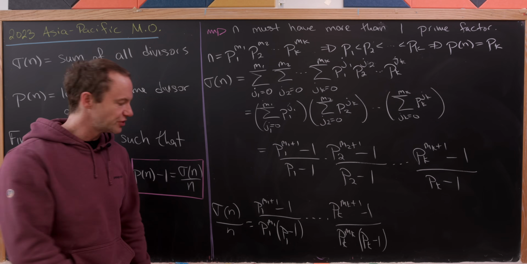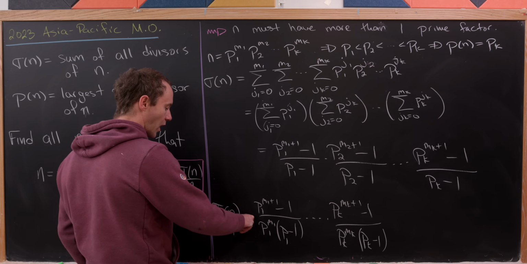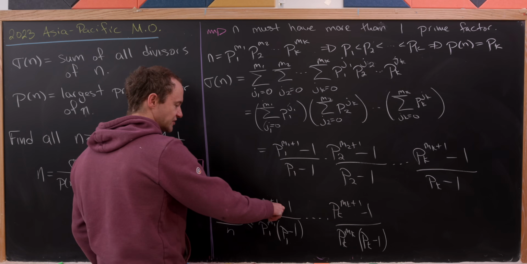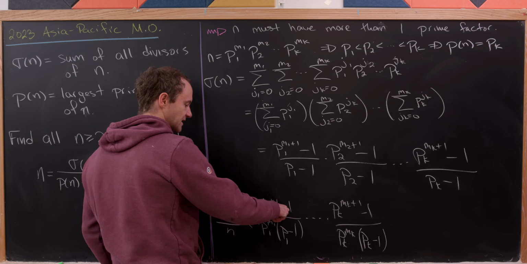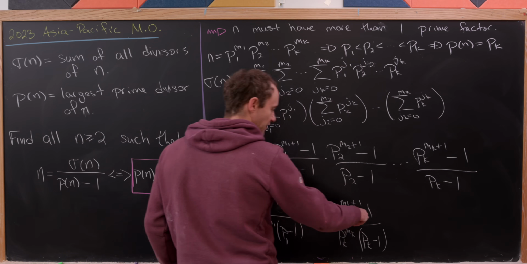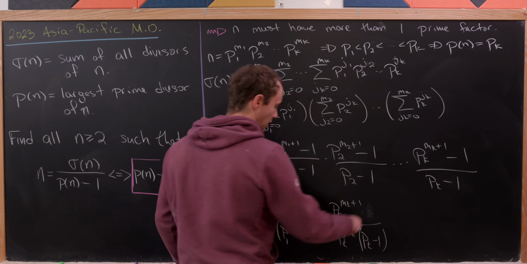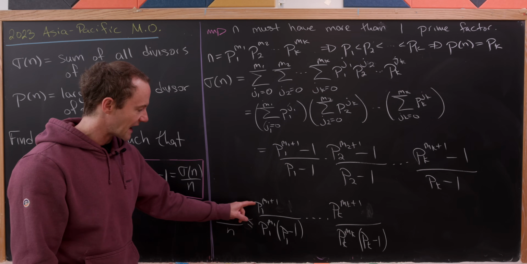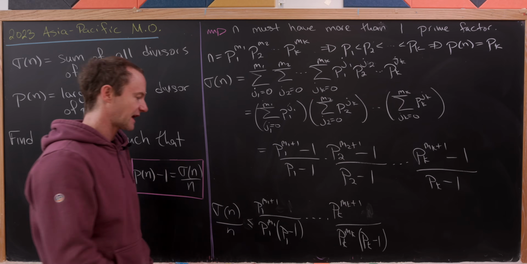But now what I can do is replace this equality here with an inequality if I just take away these minus 1s. That's because I'm making the numerator bigger, which is going to push the whole thing bigger. But now observe that I get a numerator and a denominator cancellation.